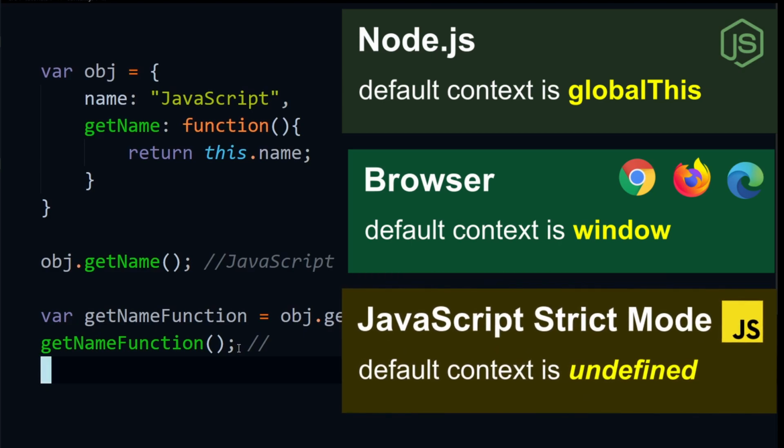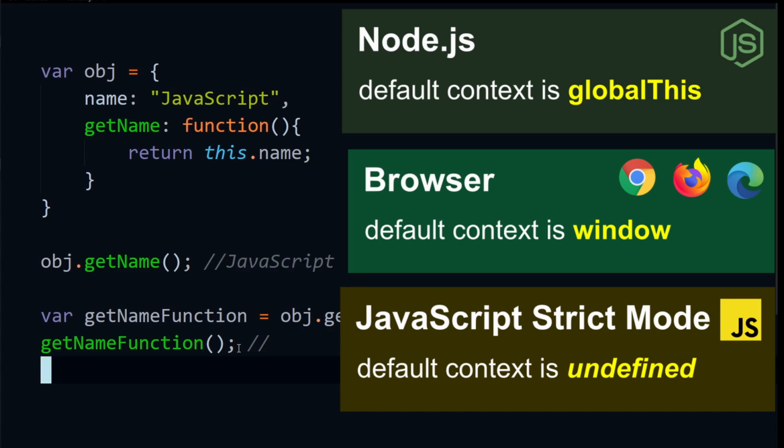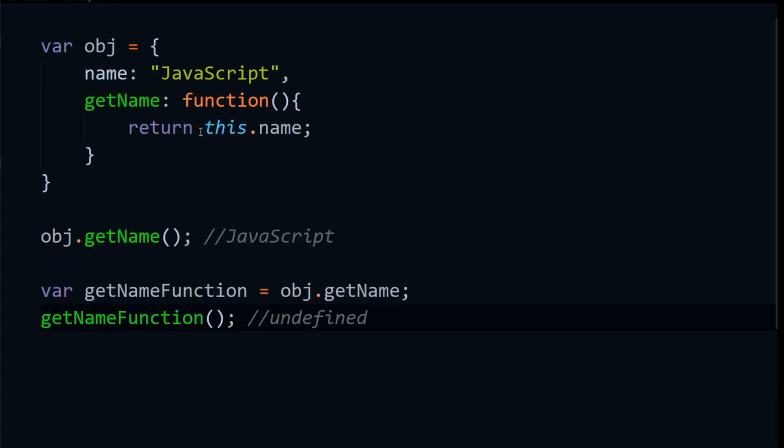There's one more thing. If you're calling this in strict mode, the value of this will always be undefined. So in this case, this.name will be undefined for most of the cases. And if you're running this code in strict mode, then it will throw an error because this will be undefined.